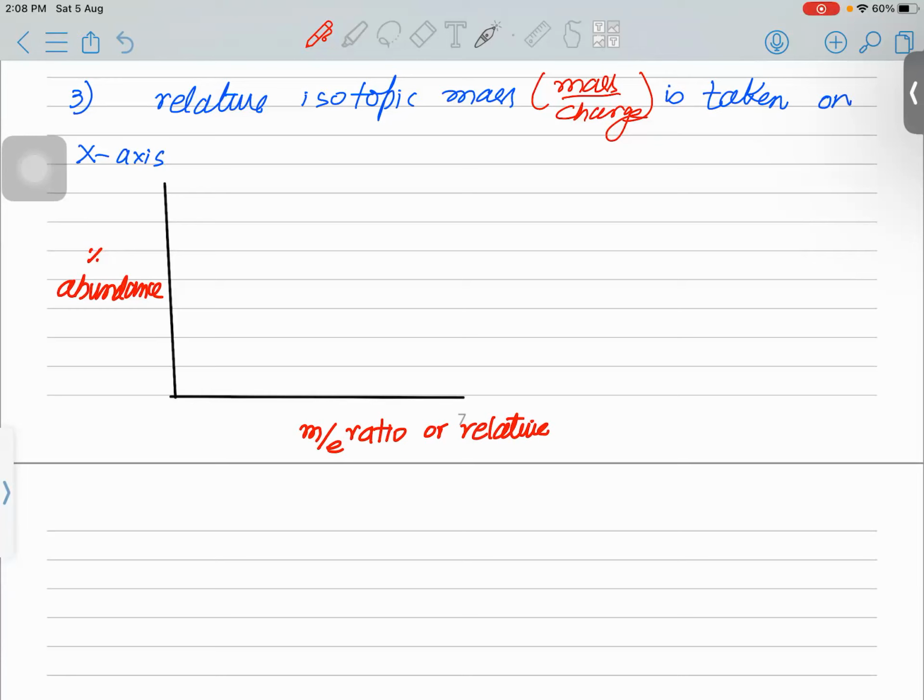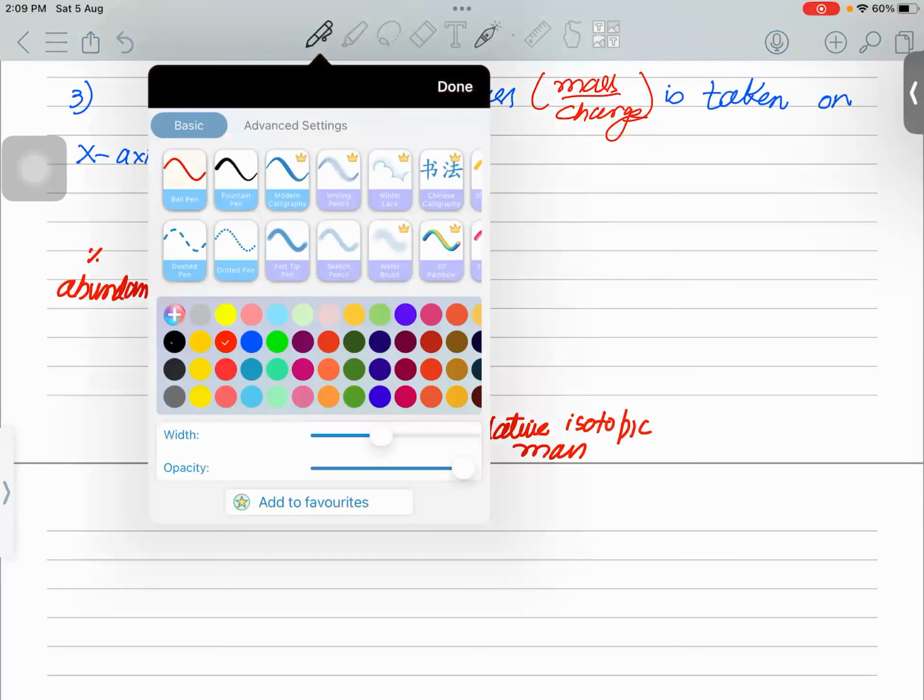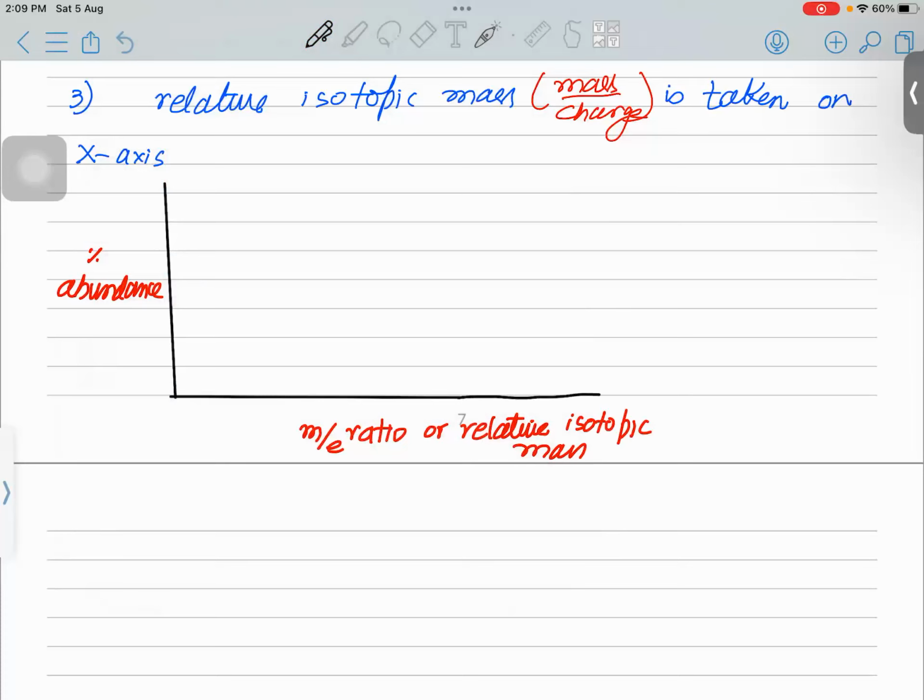Mass over charge ratio, or relative isotopic mass. This is for chlorine, right?